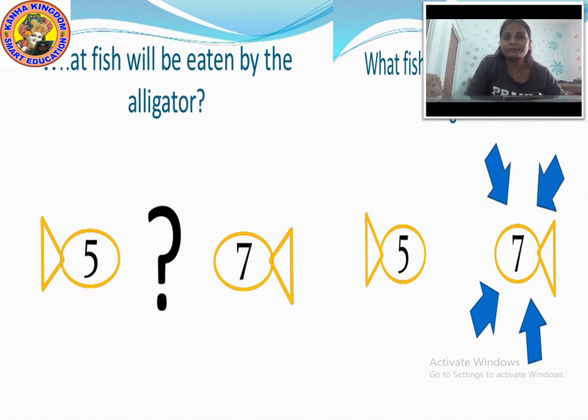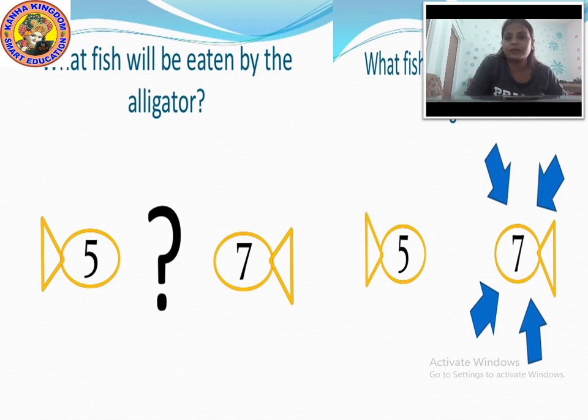See, 5 is less than 7, and 7 is more than 5. So this time the alligator will eat the number 7. Why? Because 7 is a greater number than 5.